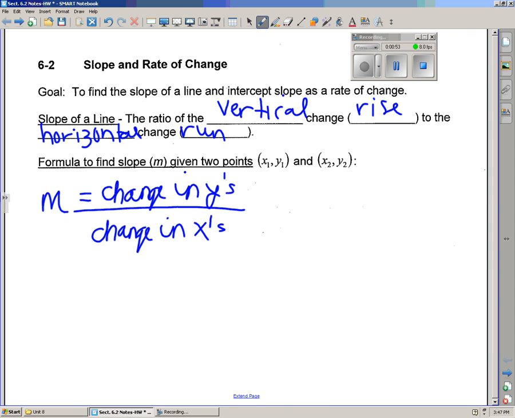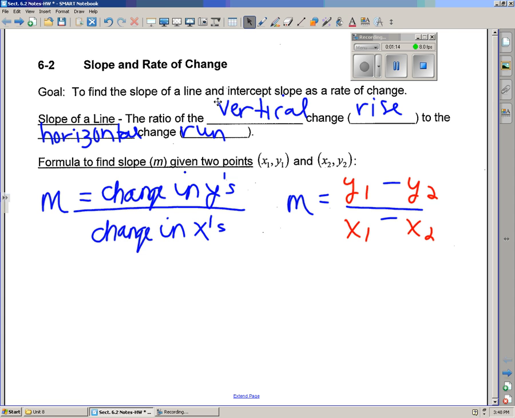So the difference then of the y values and the difference of the x values. So mathematically, the slope is going to be the difference between the y coordinates on top, y1 minus y2, and the x coordinates on the bottom, x1 and x2.